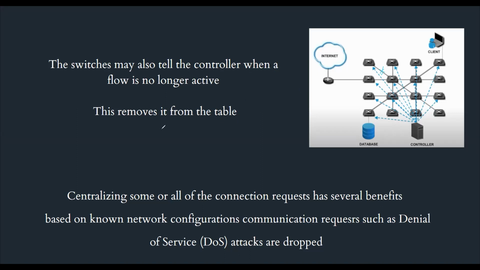In that case, that switch will no longer be active and will be removed from the controller's table. The controller will remove the details about that switch, because that switch can no longer be used for communication.